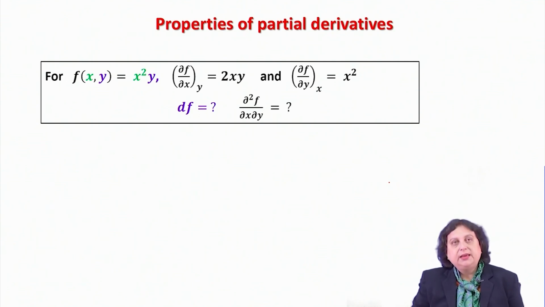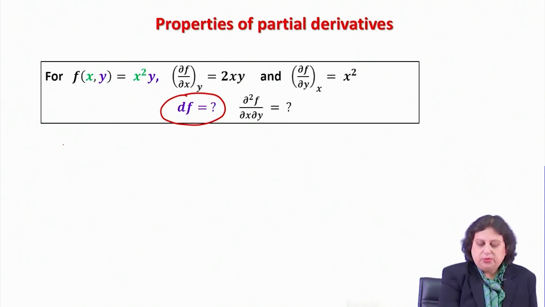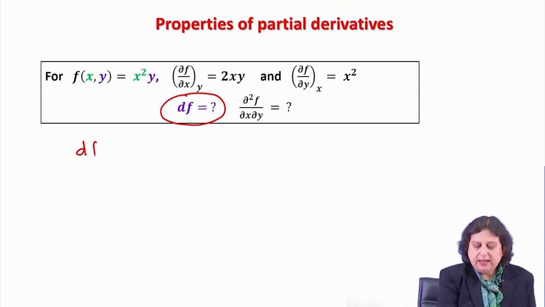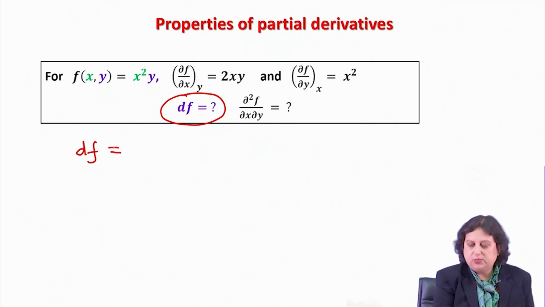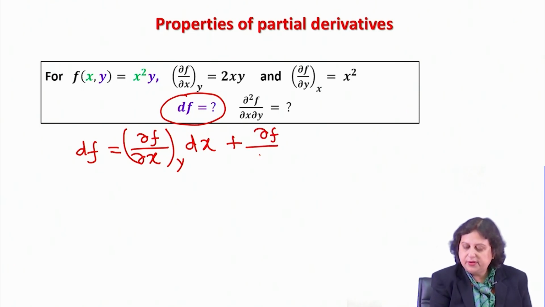So what do you think is going to be df? As you see, we know that df is equal to del f del x at constant y into dx plus del f del y at constant x into dy.